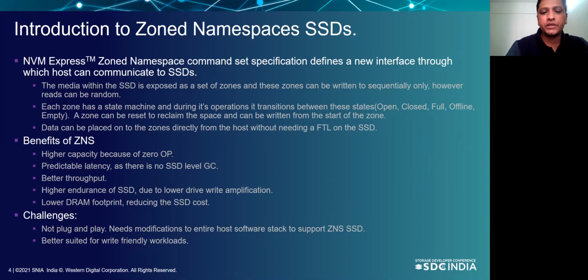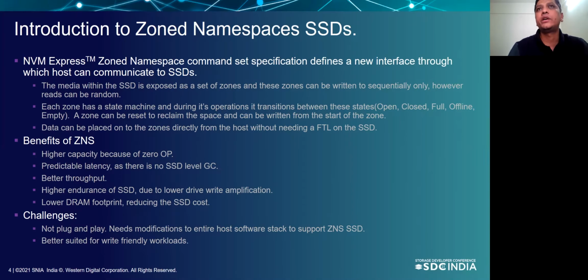And higher endurance of SSD, since lower drive write amplification is happening. The drive is not doing any kind of GC. Your PE cycles are not being utilized, and that gives higher endurance of the SSD, meaning a longer life. And lower DRAM footprint, reducing the SSD cost. So why lower DRAM footprint?